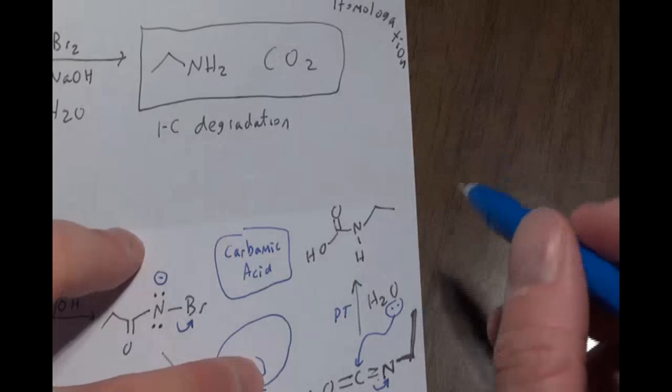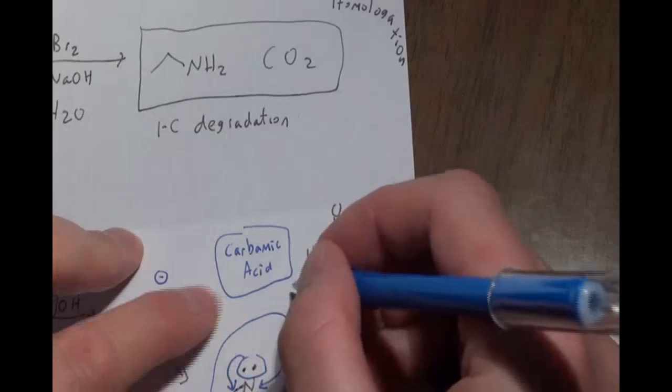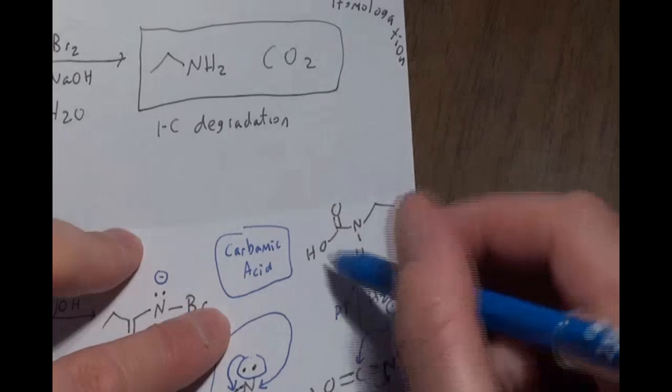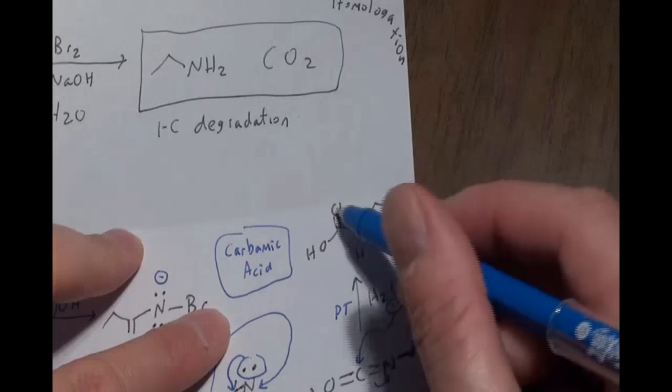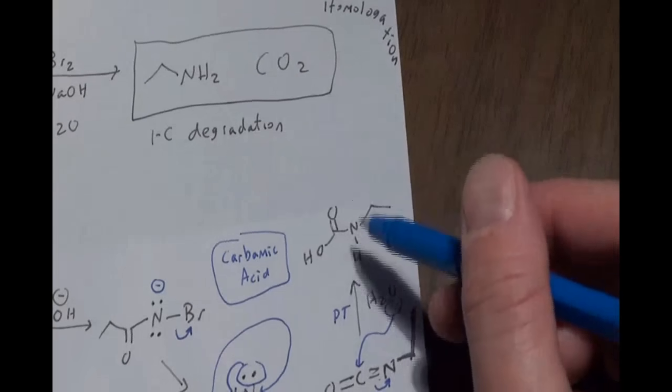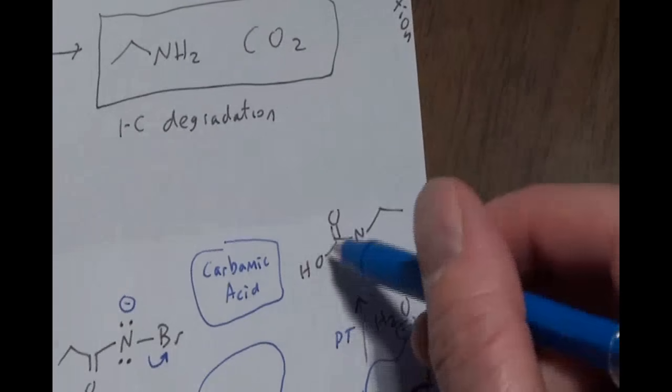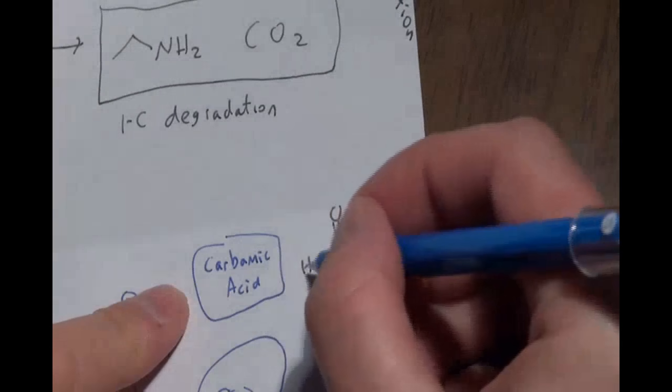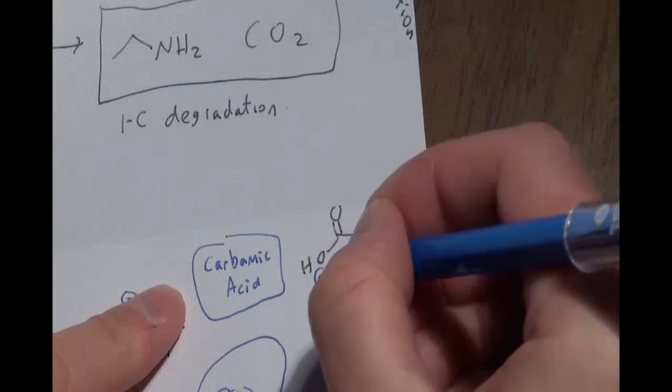But the carbamic acids are unstable, and you can see it almost looks like CO2 there. We have a carbon and the double bond O and the single bond O. This is looking like it wants to form CO2, and it does, and that's the end of the mechanism.